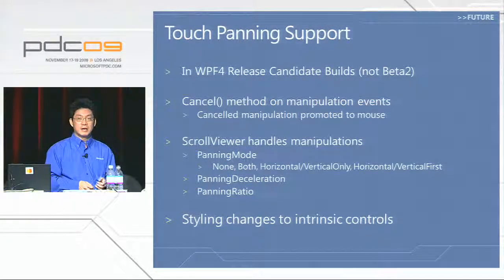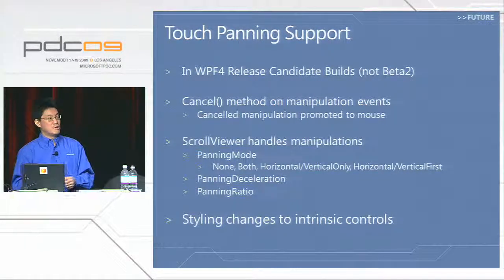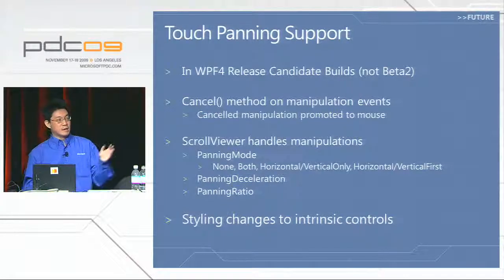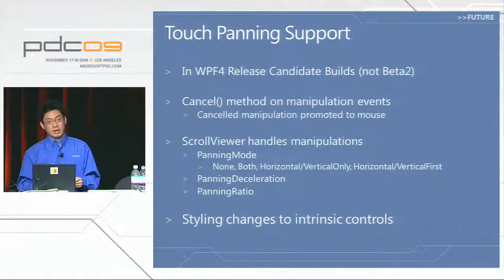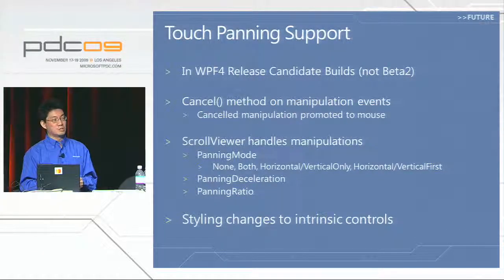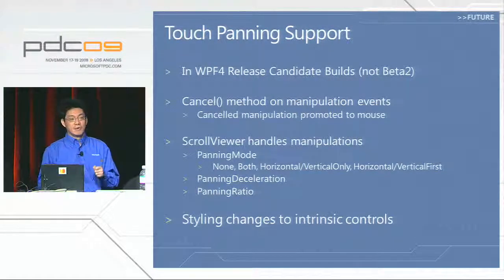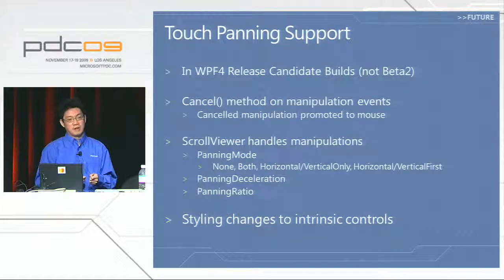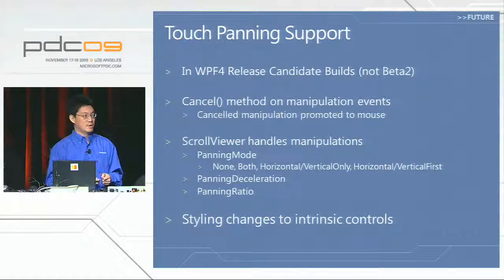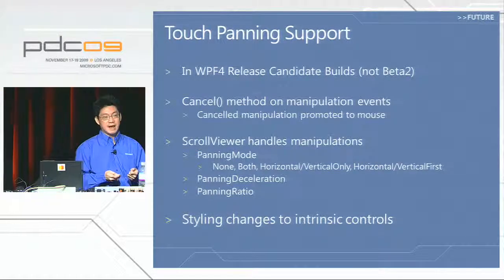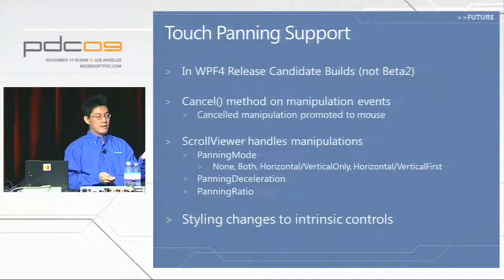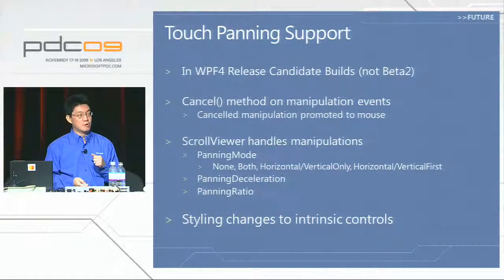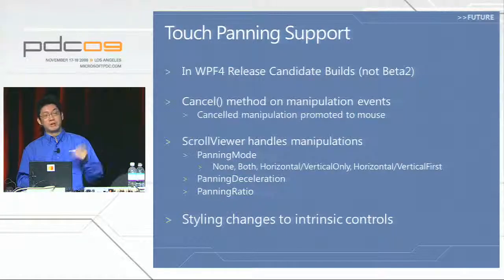And we've added touch panning support directly into the scroll viewers so that you can enable touch panning in both directions, as well as doing what we saw on the text box, where we only look for touch panning in one of the directions and then promote to mouse in the other one. And finally, we've added styling changes for intrinsic controls that configure the scroll viewer.